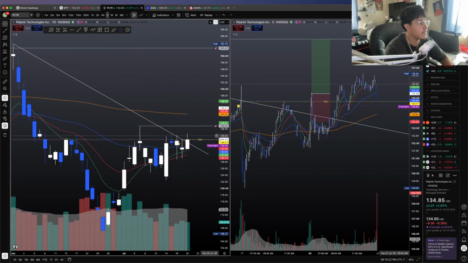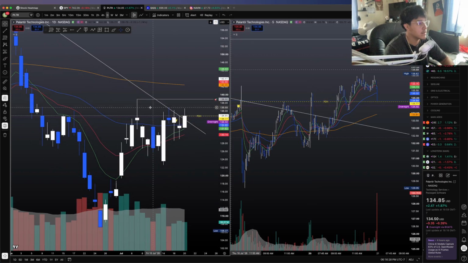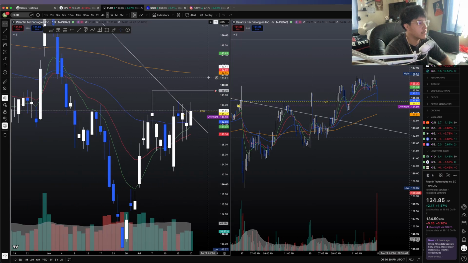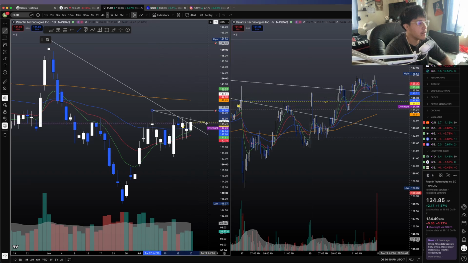If we look at the daily time frame, we see this right here, right? So let me remove this. Here we have this consolidation pattern that essentially we're just following, like this resistance right here. You could even mark it out and see that we have some sort of resistance right there.